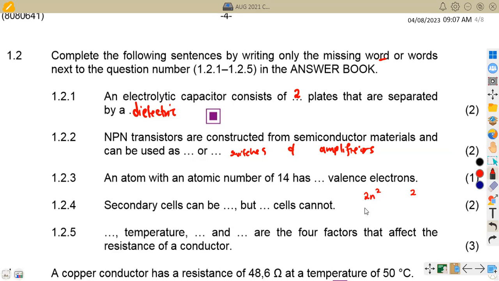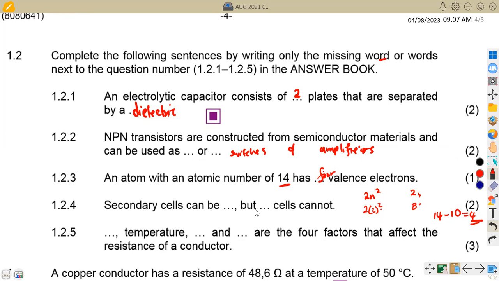The second one is going to be 2 times 2 to the exponent of 2, which is 4 times 2, that is 8. So which means we have covered 10 so far. So out of 14, we are going to remain with 14 minus 10, which is 4. So in this case, we are going to remain with 4 valence electrons, all right?